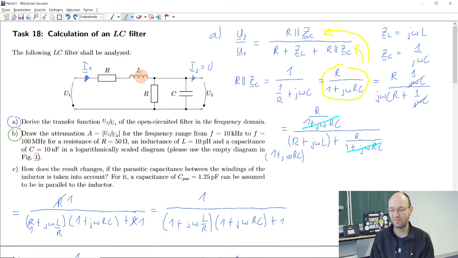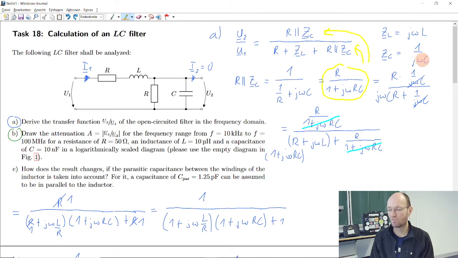And this also makes sense in a way that for small frequencies, the impedance of the inductor is small because the impedance is j omega L. If we have small angular frequency, then it says small impedance. So low frequencies can get through, but the higher the frequency, the higher the impedance of this inductor, so higher frequencies get attenuated. And then we have this capacitor here, and the impedance of the capacitor has the reciprocal behavior.